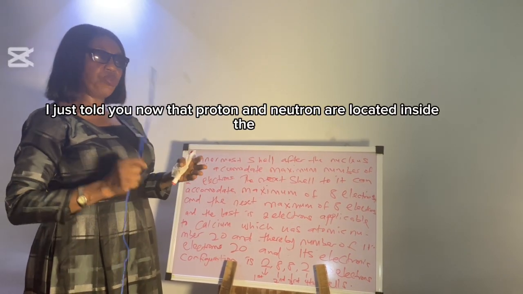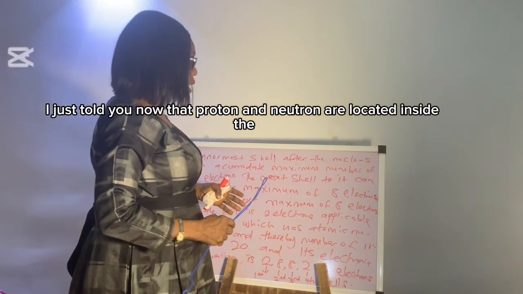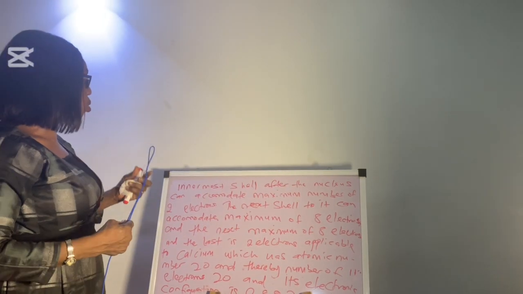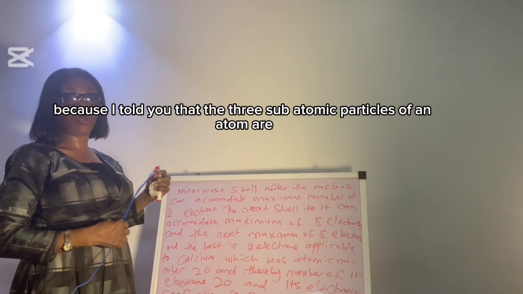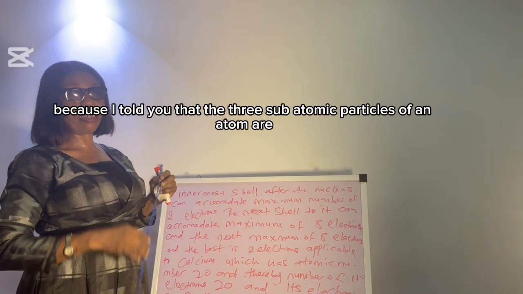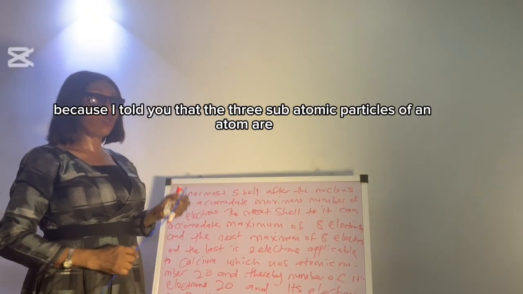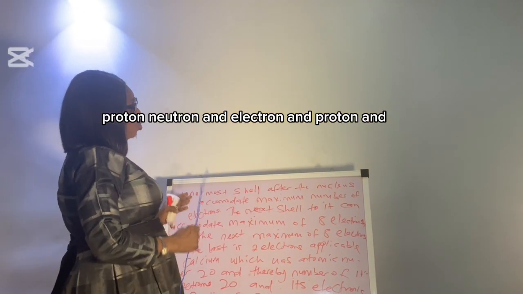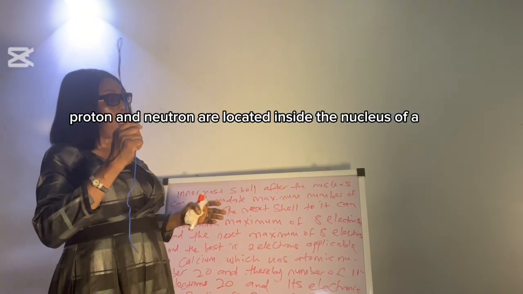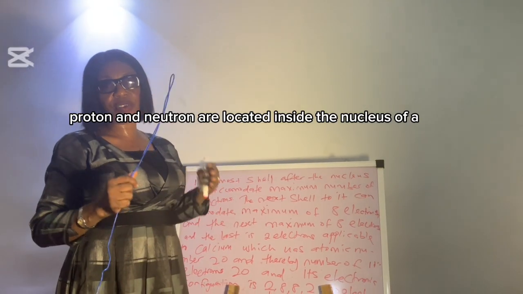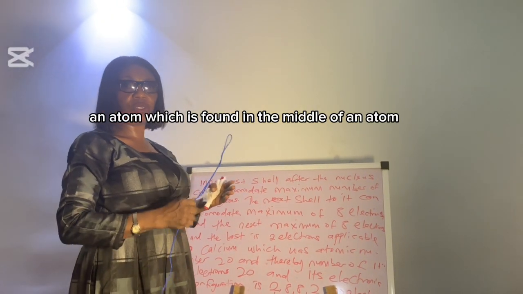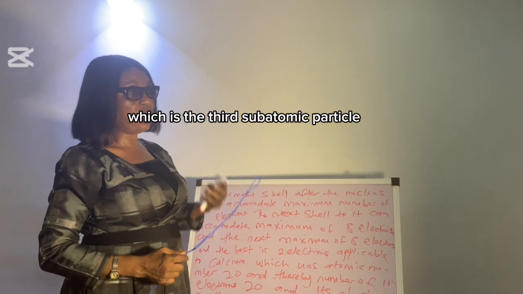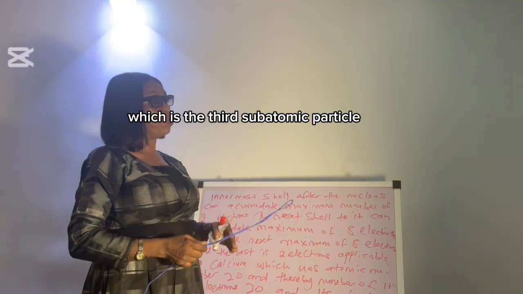I just told you that proton and neutron are located inside the nucleus of an atom, which is found in the middle of an atom. Then what happens to electrons, which is the third subatomic particle?